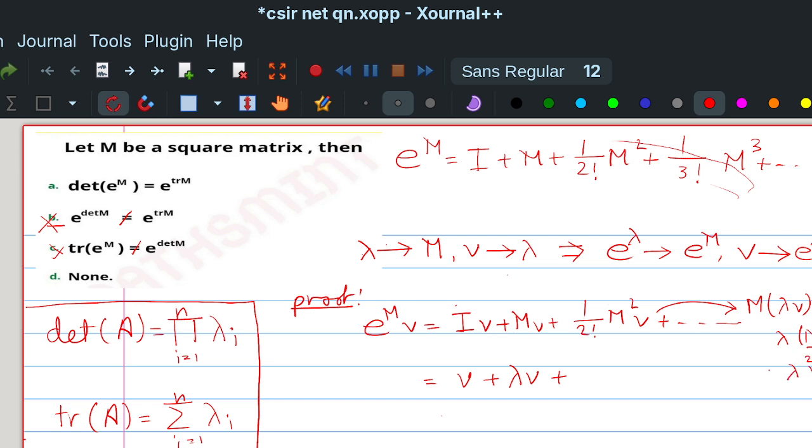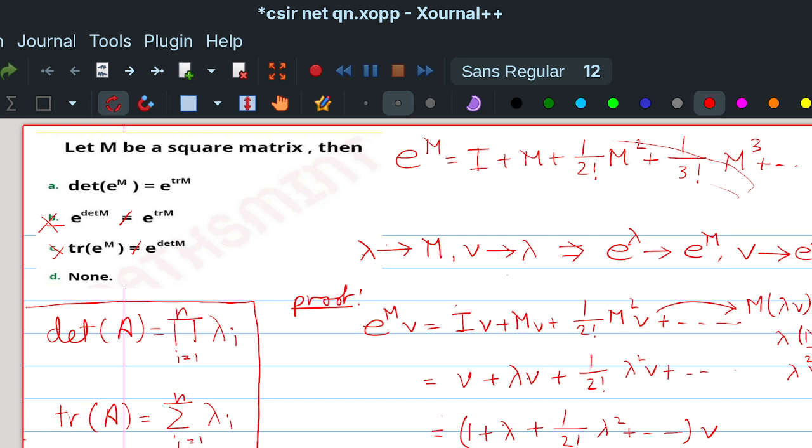So M square v is equal to lambda square v, so 1 over 2 factorial lambda square v, and similarly this will become 1 over 3 factorial lambda cube v, and so on. In this way we can write it as 1 plus lambda plus 1 over 2 factorial lambda square, and so on, into v, right? And this is the expression for e to the power lambda into v. So from this we can conclude that e to the power lambda is an eigenvalue for e to the power M, and v is the corresponding eigenvector.